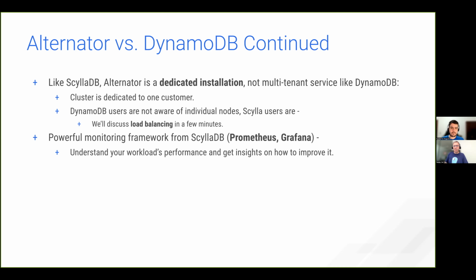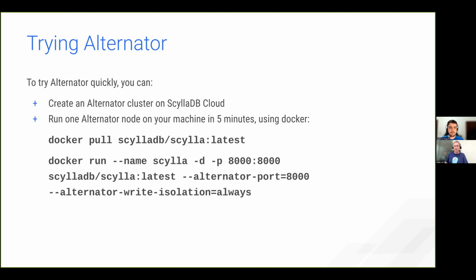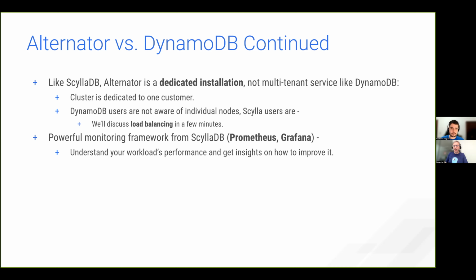Another nice feature of Alternator and ScyllaDB is that we have a very powerful monitoring framework based on Prometheus and Grafana, where you can see a lot of different metrics, understand your workload's performance, and get some insights on how you can improve it.